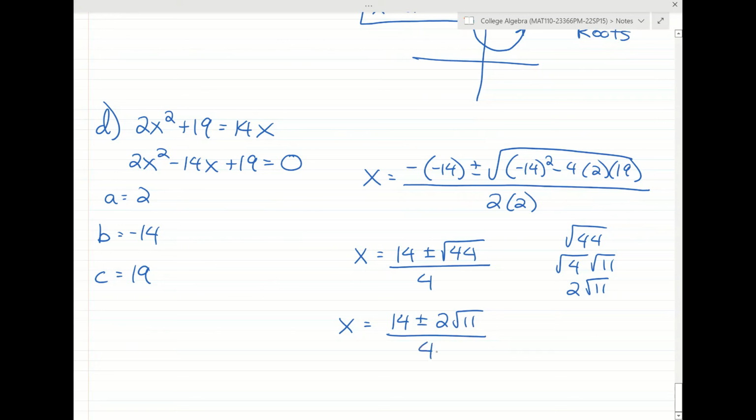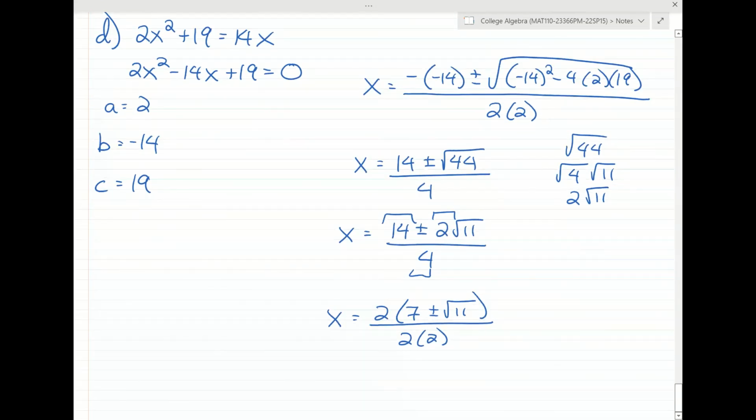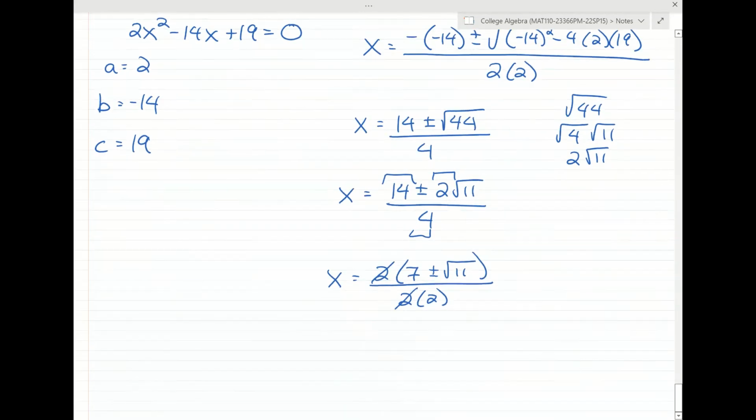And taking a look at this fraction, it looks like we have a common factor between the top and the bottom. We could take a 2 out of both the numerator and the denominator. So our final answer would just be x is equal to 7 plus or minus the square root of 11 over 2.